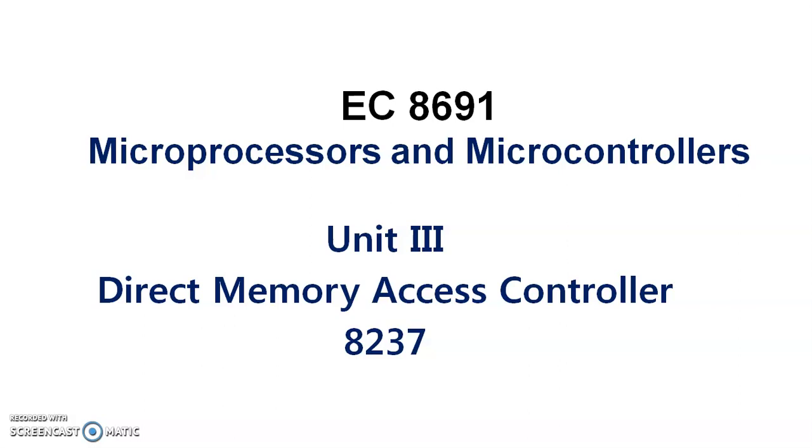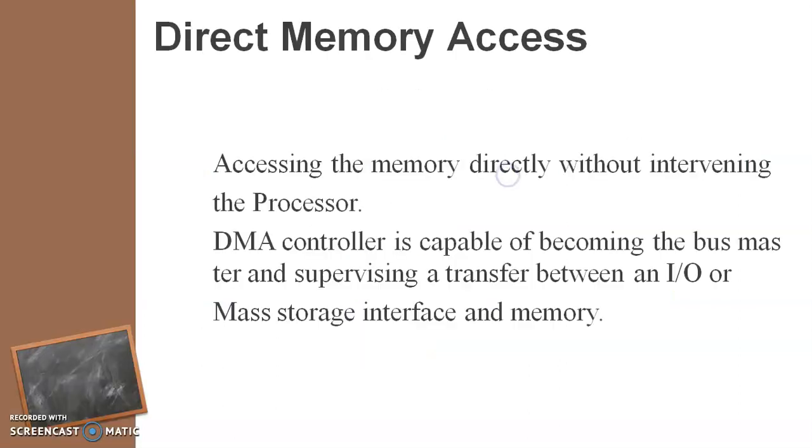So the memory is accessed directly without the need of the processor. Accessing the memory directly without intervening the processor, that is the direct memory access. To transfer the data from one memory to another memory, we need the address bus, data bus and the control signals.